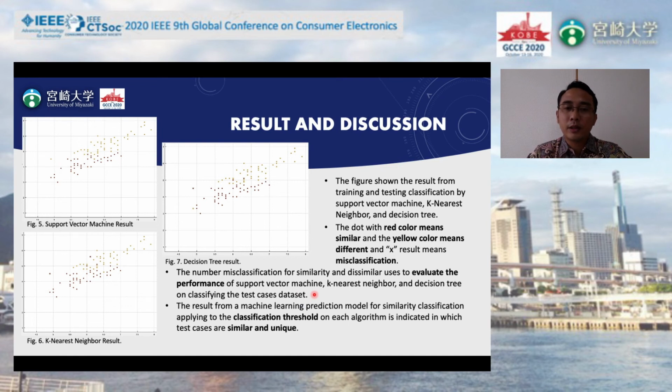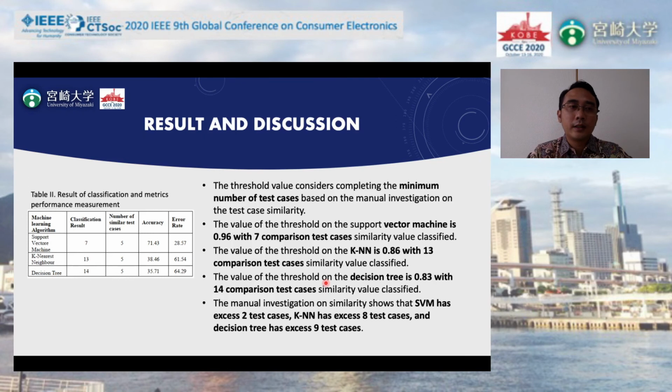The result from the machine learning prediction model for similarity classification, applied to the test classification threshold on each algorithm, indicates which test cases are similar and unique. This is the result of classification, the number of similar test cases, and the accuracy, also the error rate.